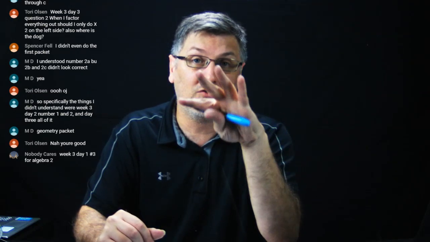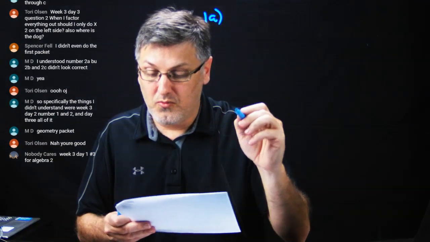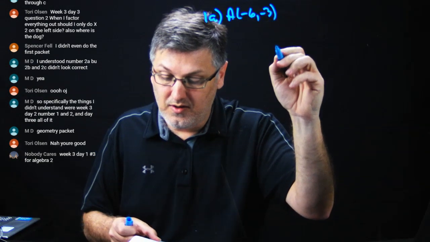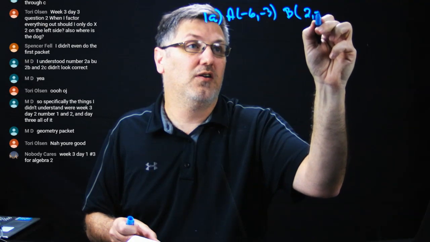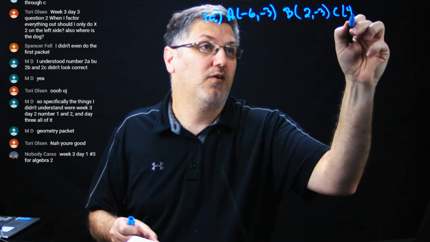I'm going to walk you through it because these are 2 different tests that you can use to show that something's a parallelogram. So the first thing is on 1A. We have A is -6, -3. We have B as 2, -3. We have C as 4, 4.